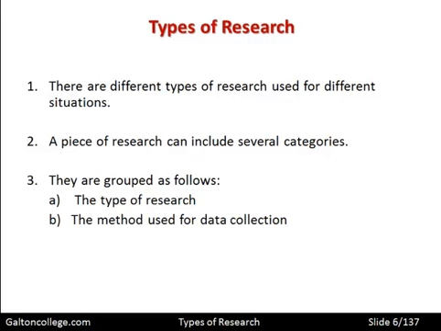Then look at the method of data collection. It could be by interview, it could be secondary research, going to government publications or trade publications, perhaps published by a Chamber of Commerce or by the Institute of Directors or one of the chartered institutes, the Chartered Institute of Marketing.